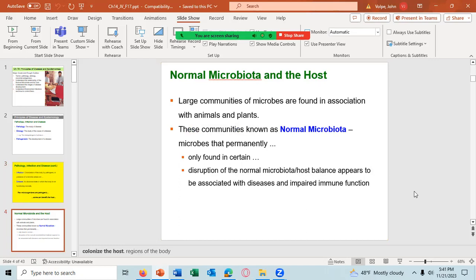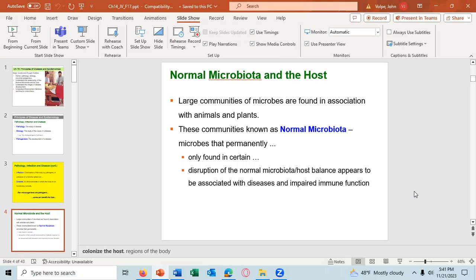All right, let's talk a little bit about the normal microbiota and its relationship to its host. All animals and plants have large communities of microbes that are found in association with the living organism.